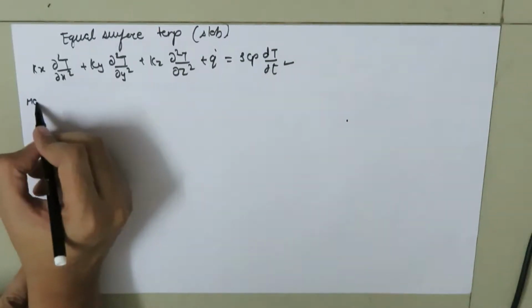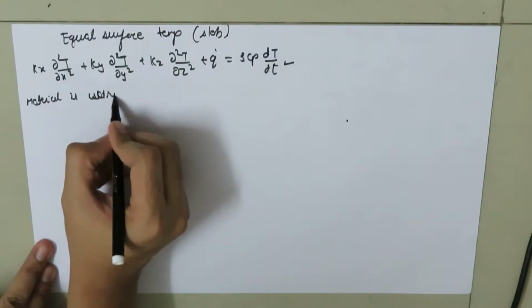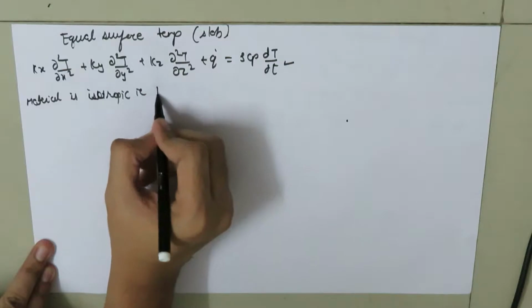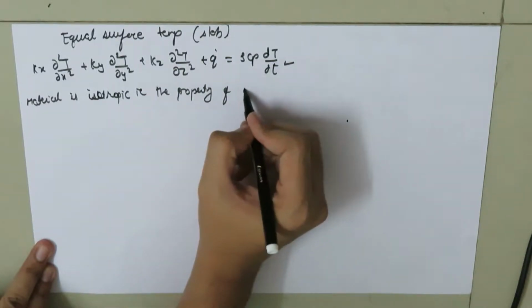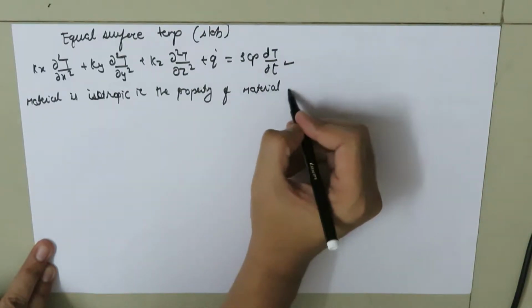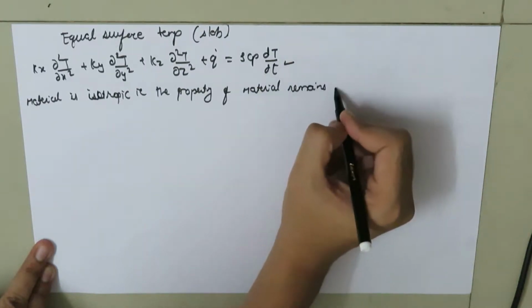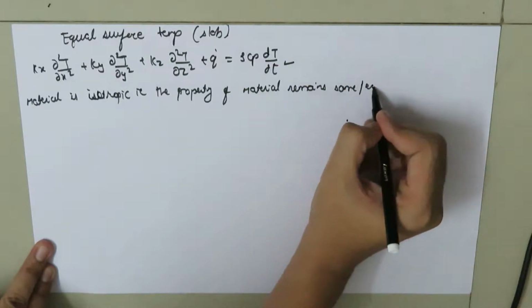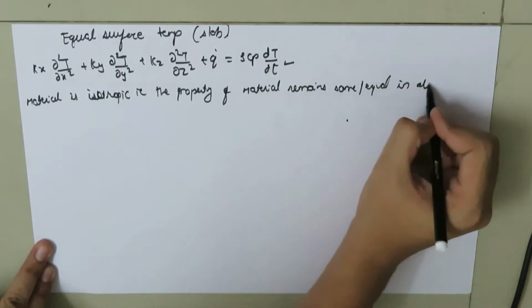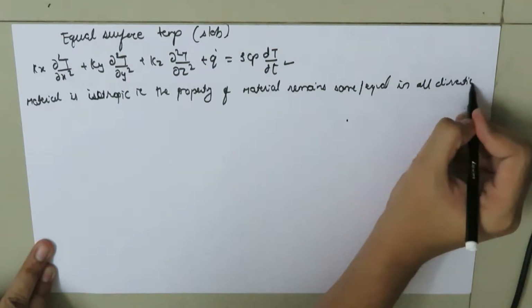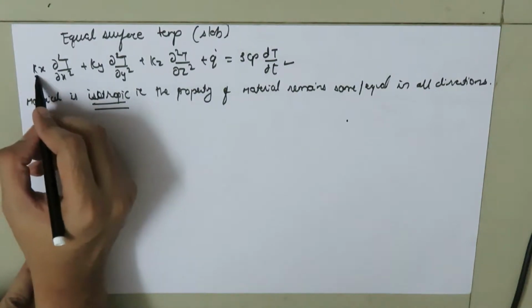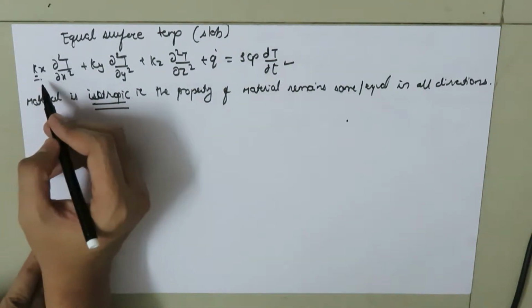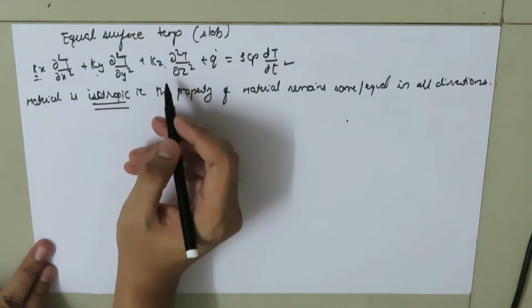So if the material is isotropic, that is, the property of the material remains the same or equal in all directions, then the thermal conductivity k will remain the same in the x direction, in the y direction, and in the z direction.